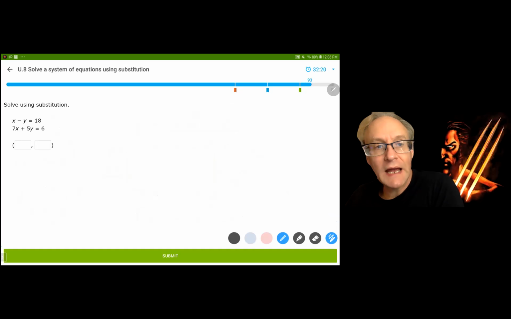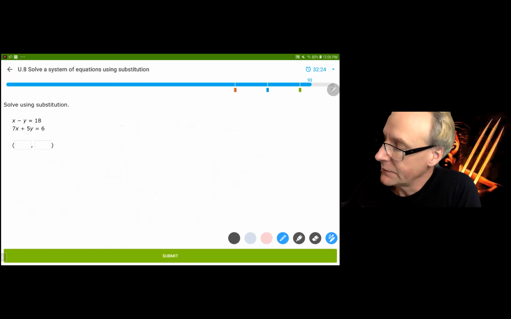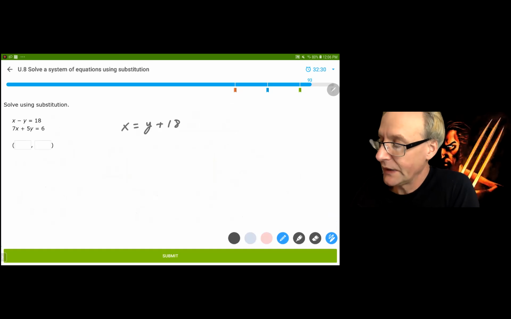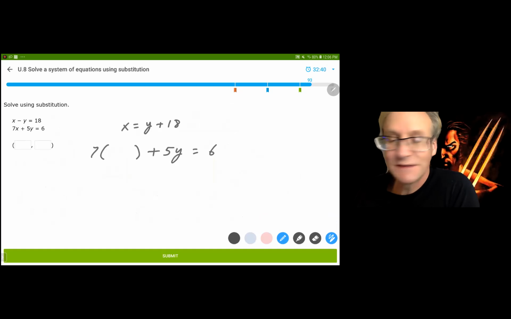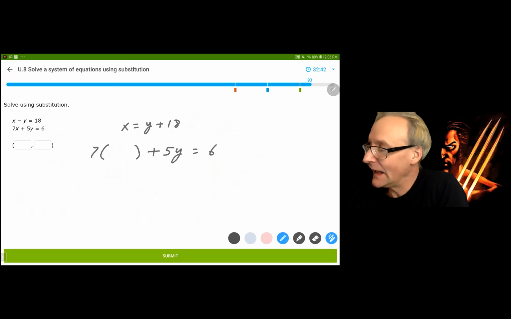All right, I'm going to solve for x. And the reason I'm going to do that is just to save myself some work. So I have x equals y plus 18. You'll notice I also switched, instead of putting 18 plus y, I put y plus 18. I have 7 times x plus 5y equals 6. And we're going to substitute that x right there.